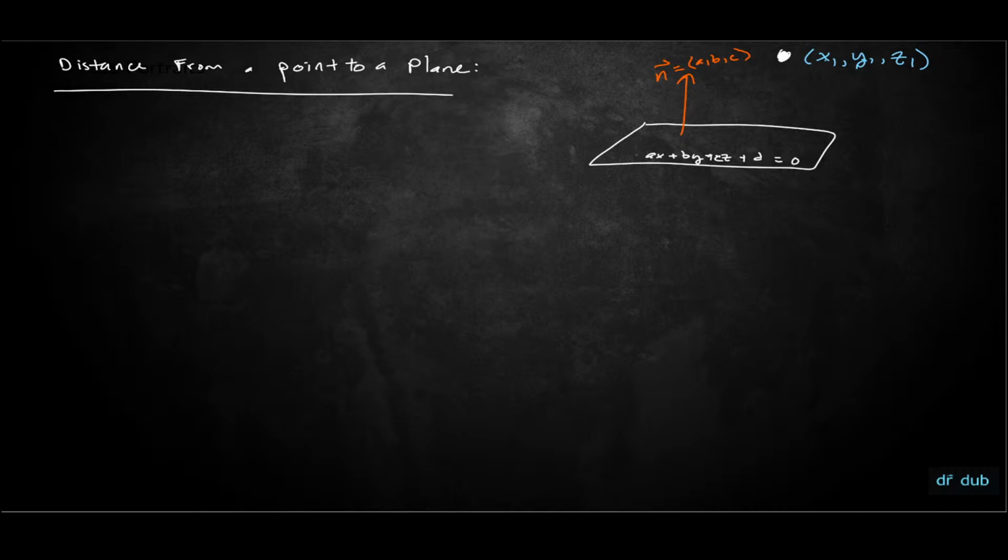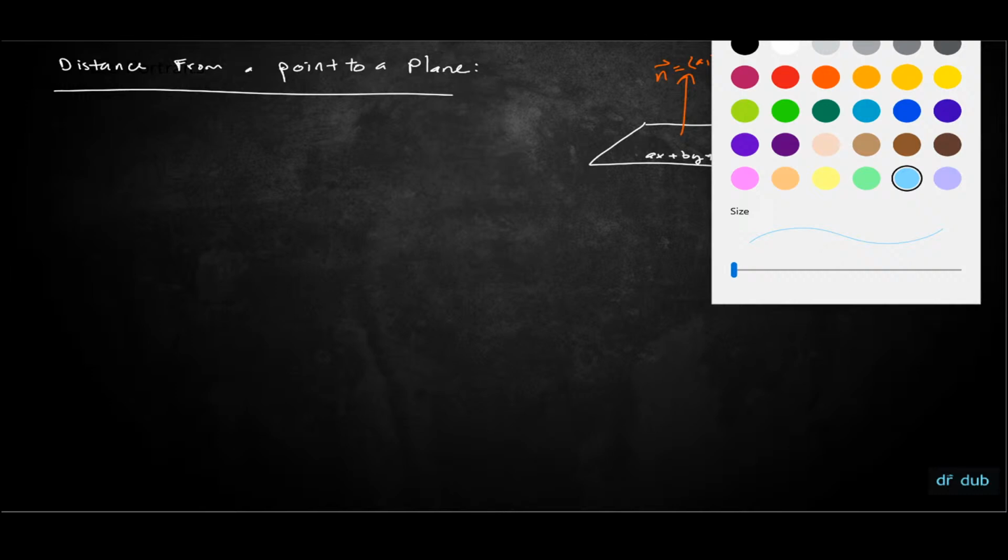And we want to find the straight line distance right here from the point to the plane. Okay, so what we're going to do is develop a general formula for this problem. And we're going to use arbitrary variables x1, y1, z1, a, b, c, etc.